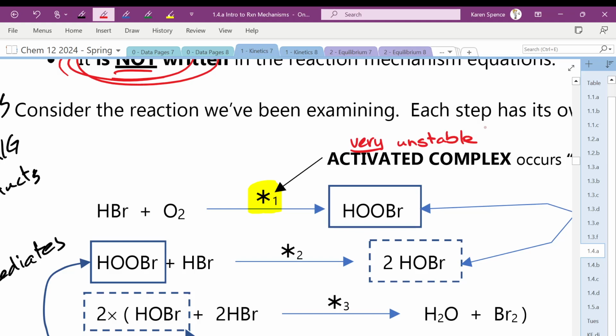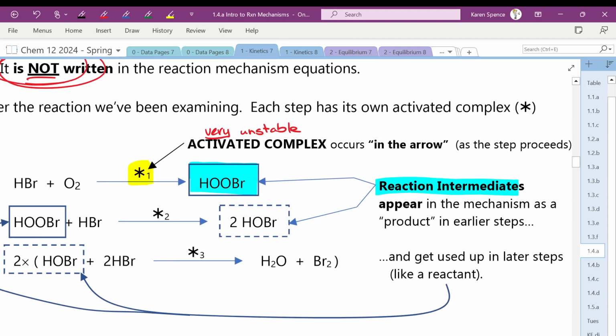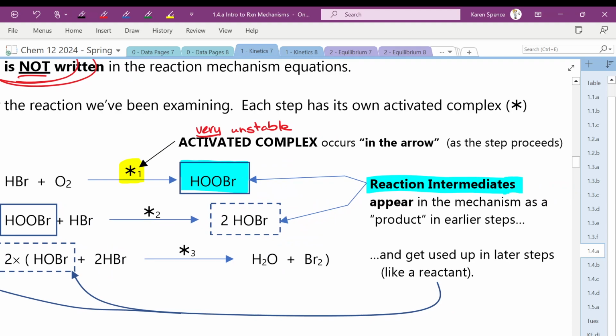And then we get this intermediate. Okay, so our reaction intermediate is here. So the reaction intermediates actually show up. They're not as stable as the reactants or products usually, but they are more stable than an activated complex.